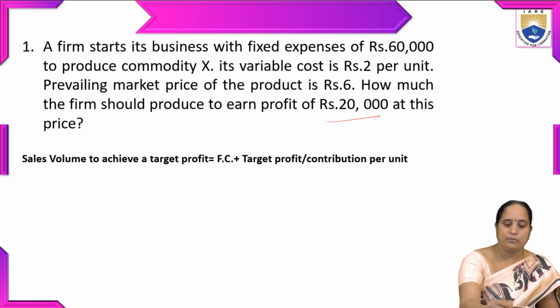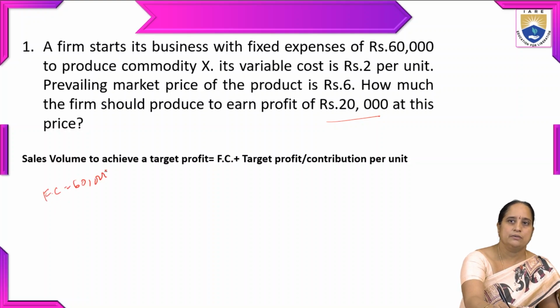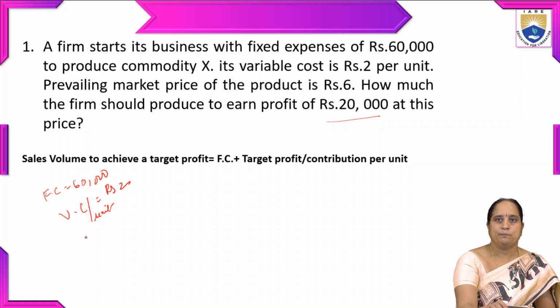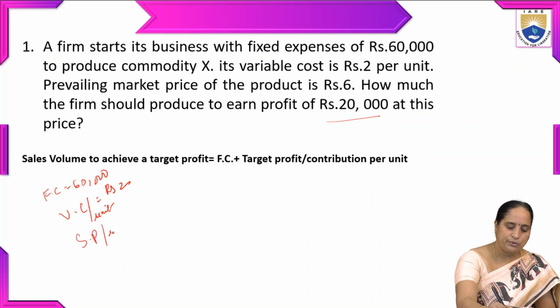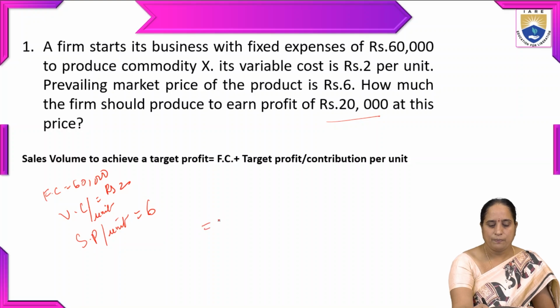Here in this problem we are given fixed cost which is equal to 60,000. Then we are given variable cost per unit 2 rupees, and the prevailing market price of the product, which is known as selling price per unit, that is 6 rupees. Now substitute in the formula.